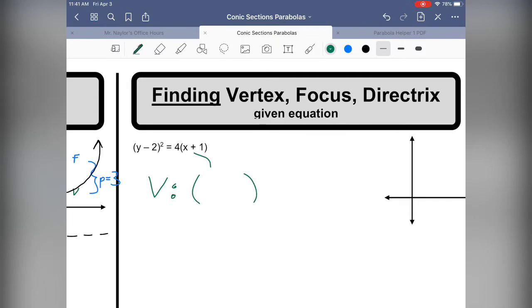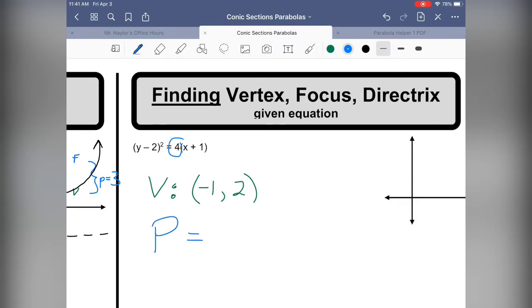That's great because the vertex is really just h and k. Just be careful that you're using that opposite concept. So of course it's negative 1 but positive 2. So that was pretty quick. We got our vertex. What about this number? What about the p-value?